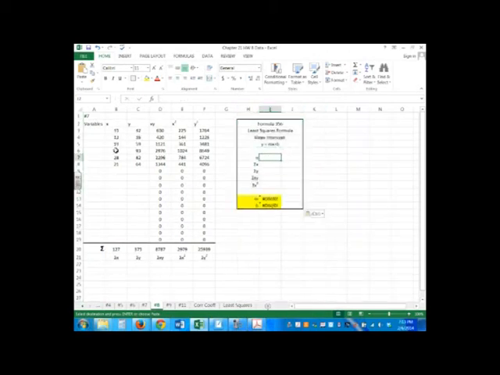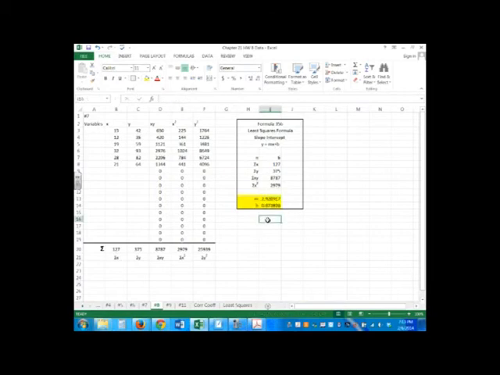For the n, we had 1, 2, 3, 4, 5, 6. For summation of x, we have this guy. Summation of y, we have this guy. Summation of xy, we have this guy. And summation of x squared right here.